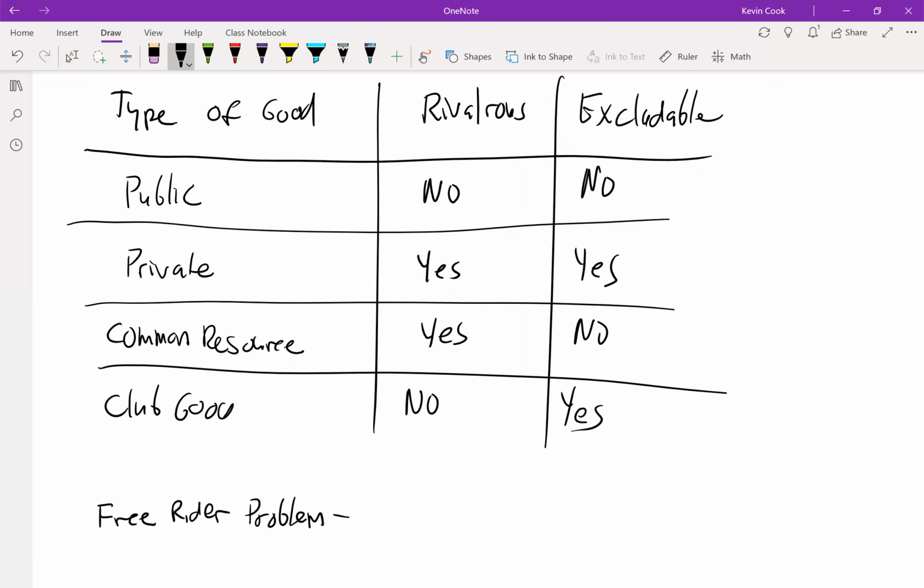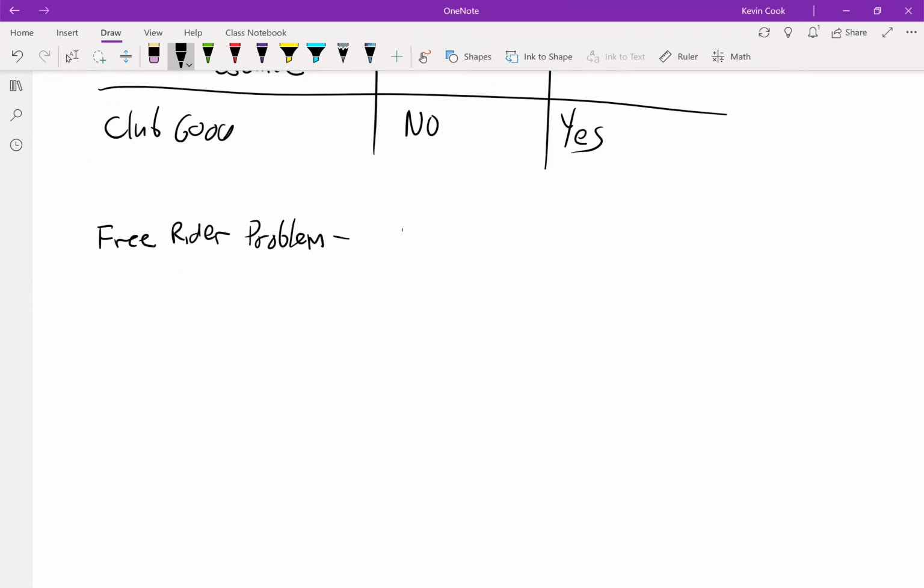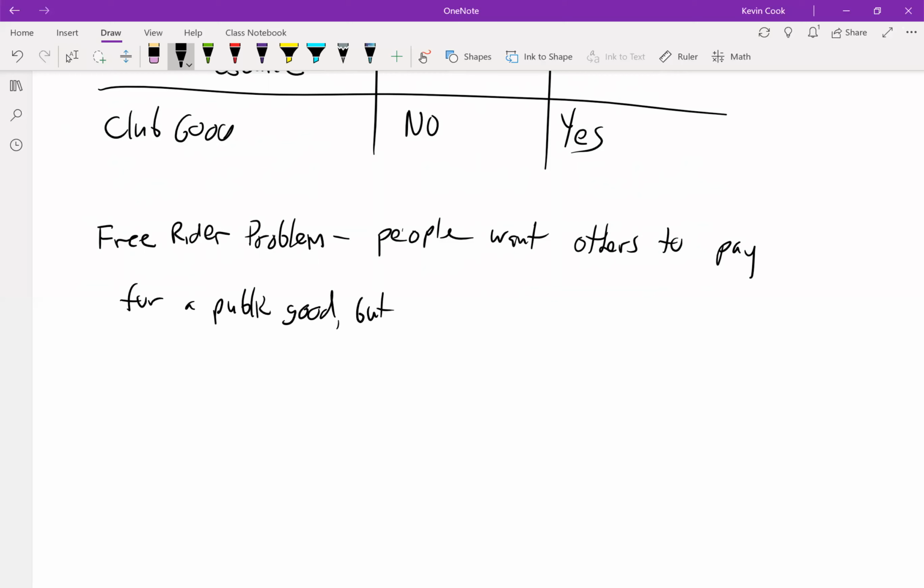What the free rider problem says is that people want others to pay for a public good, but they themselves do not want to pay.